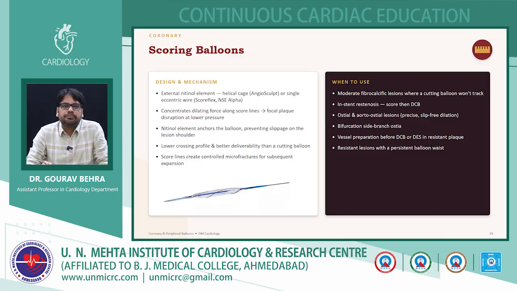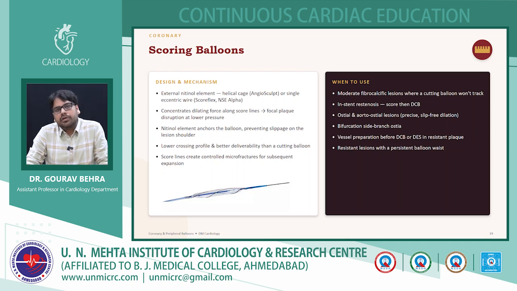That's very important. Now scoring balloon, we have already discussed. This has an external nitinol element, a helical cage, that is AngioSculpt, and a single eccentric wire, that is Scoreflex. You have to place the balloon in the plaque region and subsequently increase the pressure. In practical scenarios, cutting balloon is better than scoring balloon, but some studies say that scoring balloon has a good crossing profile and better deliverability than a cutting balloon.